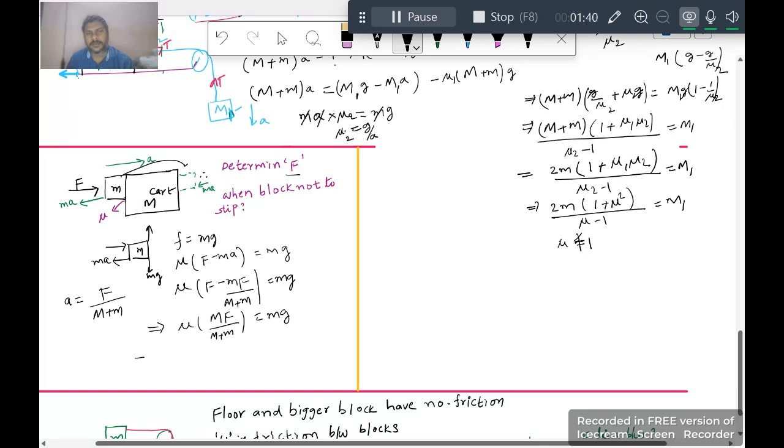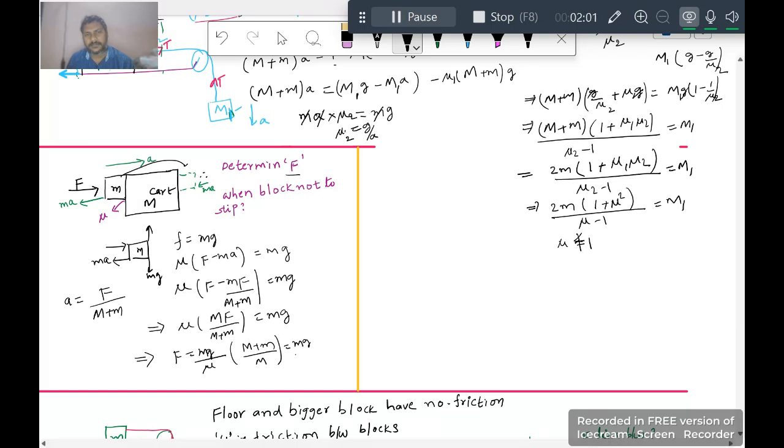Force. That implies F is equal to mg by mu into M plus m by capital M. So that I can write mg by mu into 1 plus small m by capital M. So values are given, you can substitute. So I hope you understand this.